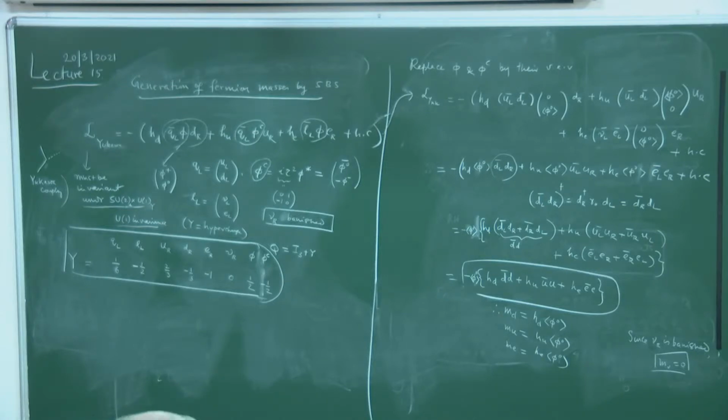Since I had banished nu R, since it did not have the SU(2) cross U(1) gauge interactions, since it was a singlet under that, that is why. Because nu R does not exist, you cannot generate mass for the neutrino even with the Higgs mechanism.